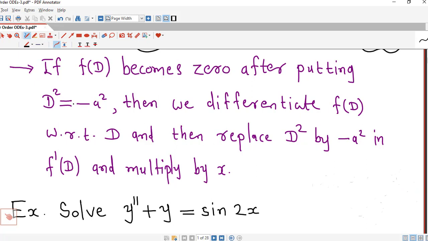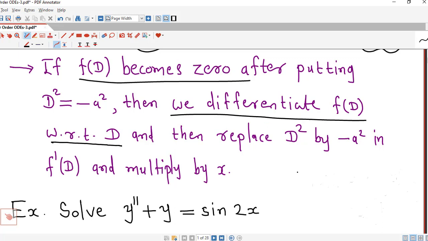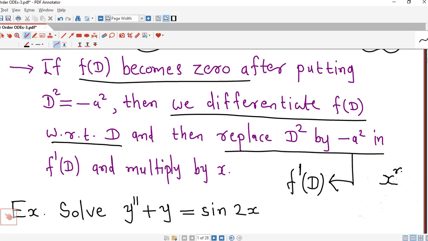Now if after replacing D square by minus a square the function becomes 0, then we will differentiate f of D with respect to D, obtain the derivative f dash of D, and then replace D square by minus a square in f dash D. If f dash D becomes non-zero after putting D square equal to minus a square, then we will stop, otherwise we will keep on differentiating, and whenever we differentiate we will be multiplying by powers of x.